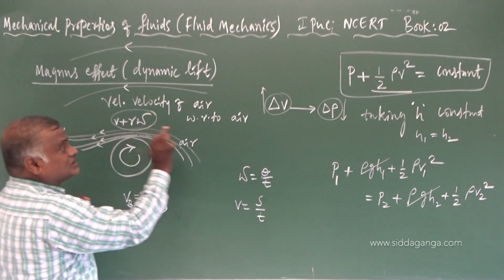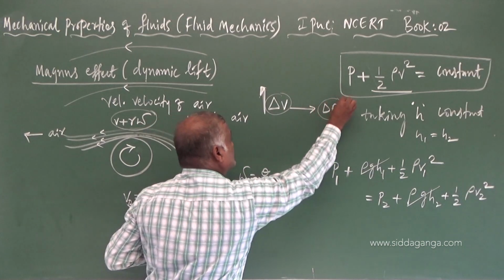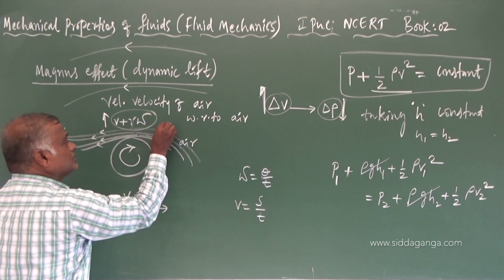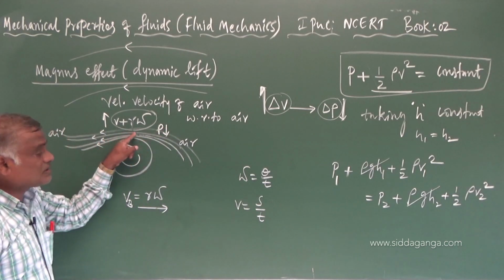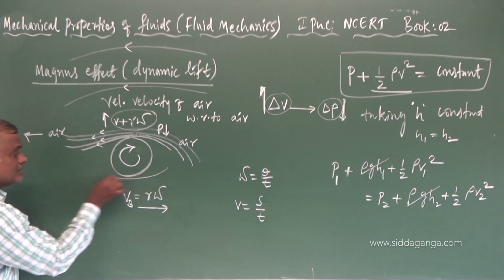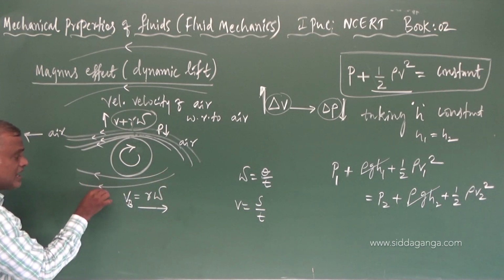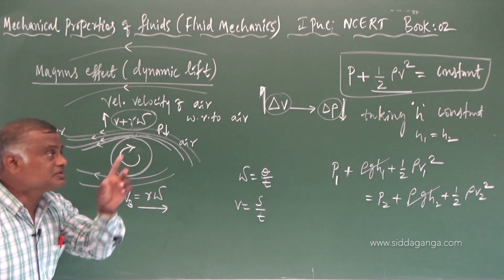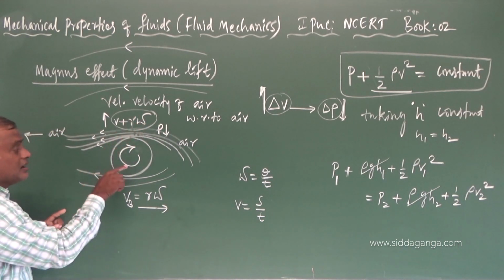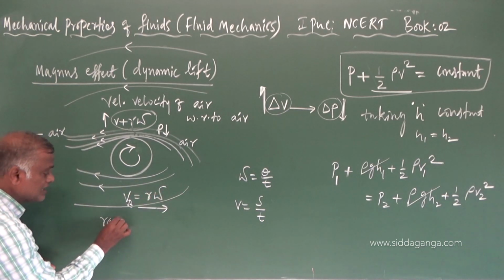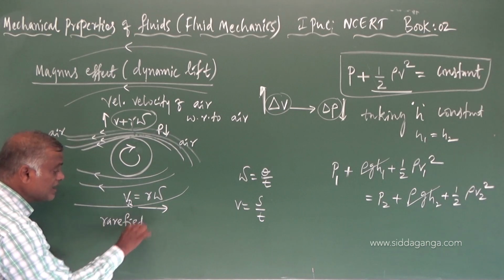When this velocity becomes more, there is a sudden drop in the pressure at the top surface. However, the air layers in contact with the lower part do not have such a velocity. Here in the lower part, air layers are rarefied.